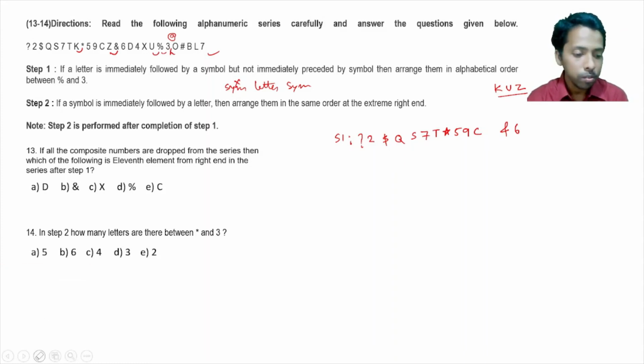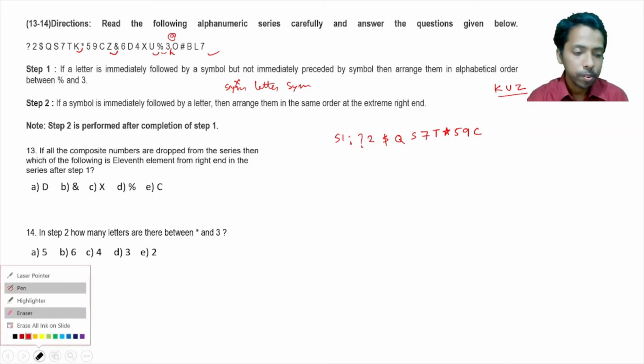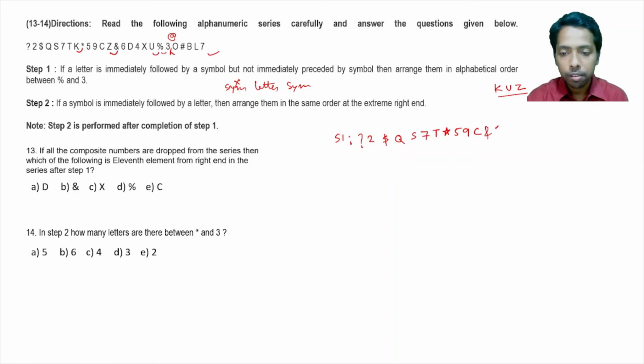This is ampersand 6 D 4 X percentile 3 at the rate O hash B. Here percentile, then we have to arrange K U Z, then 3, then at the rate, then O hash B L 7. This is step 1.